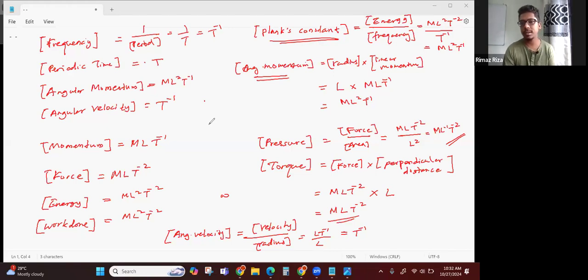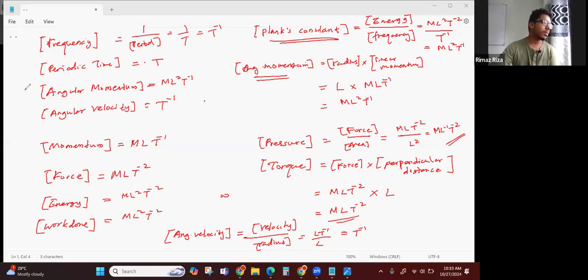What is the next letter after B? You will say C. Likewise, if I ask you the dimension of force, you have to say M L T minus 2 without thinking. Energy, M L squared T minus 2. Pressure, M L minus 1 T minus 2. You have to practice these over and over.